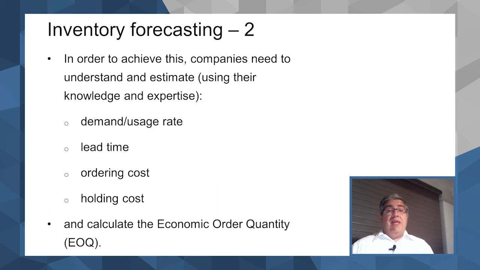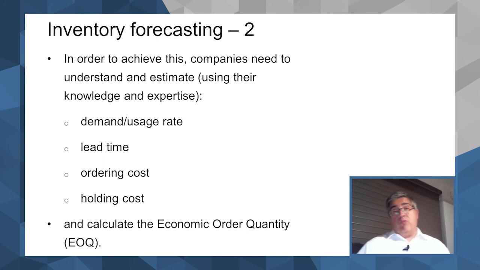Number one, how much demand do they expect for a period of time? Normally a year. Number two, how long does it take between the moment they place an order and the moment they receive the stock? Number three, what is the ordering cost?